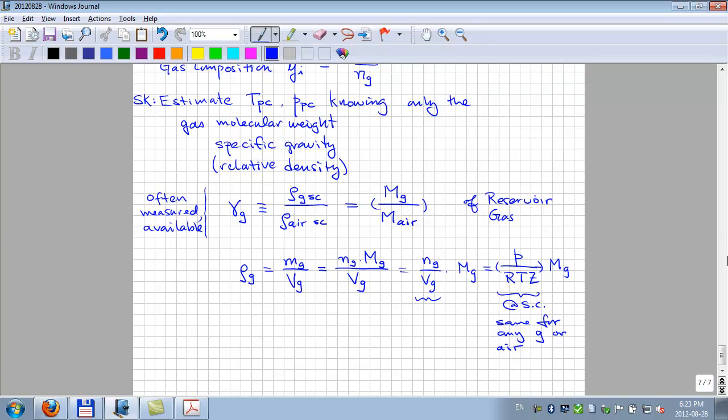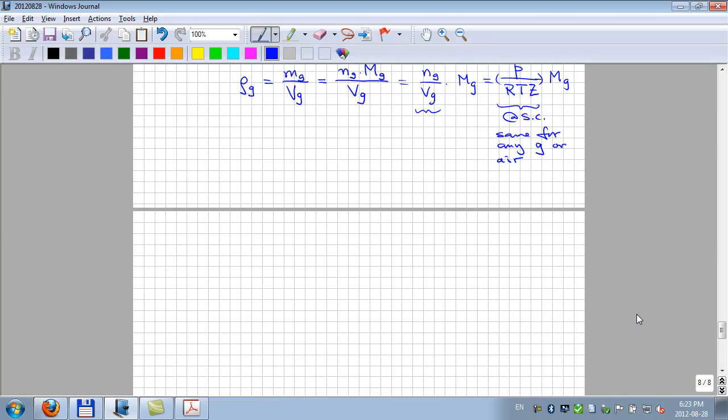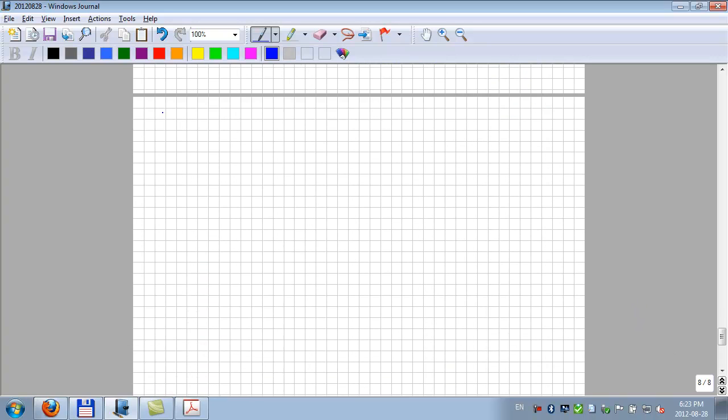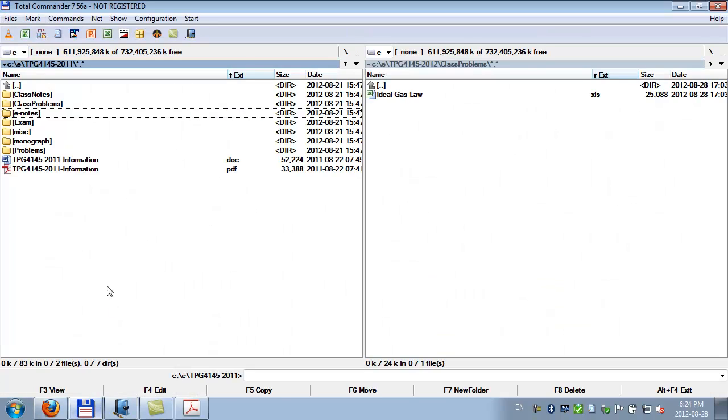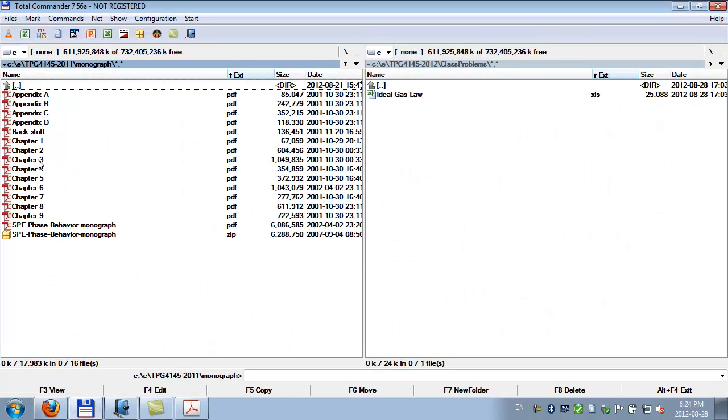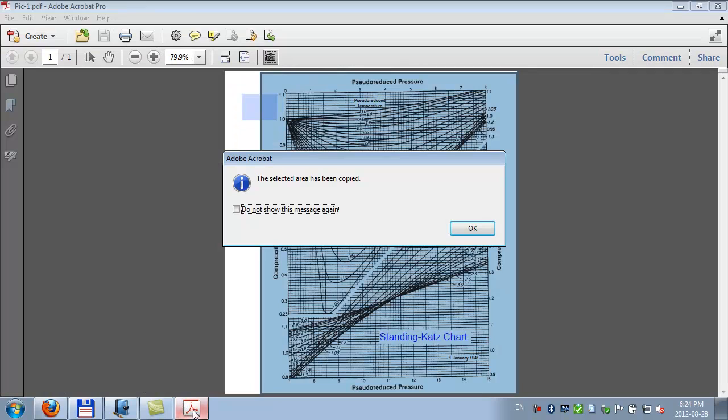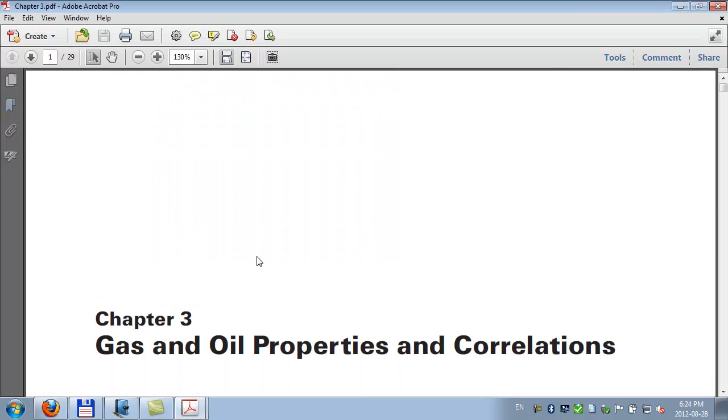they came up with a correlation, Standing and Katz, for TPC as a function of gas specific gravity and average critical pressure as a function of gas specific gravity.